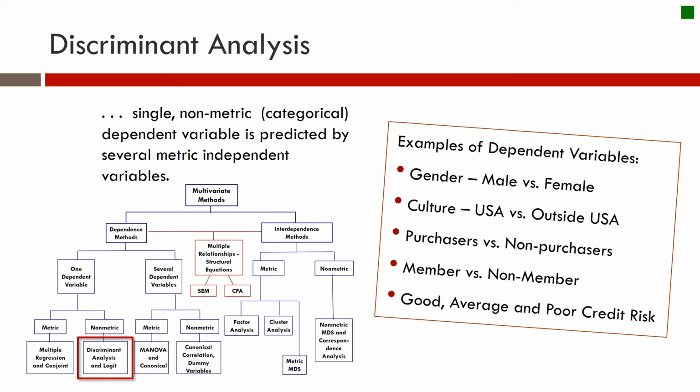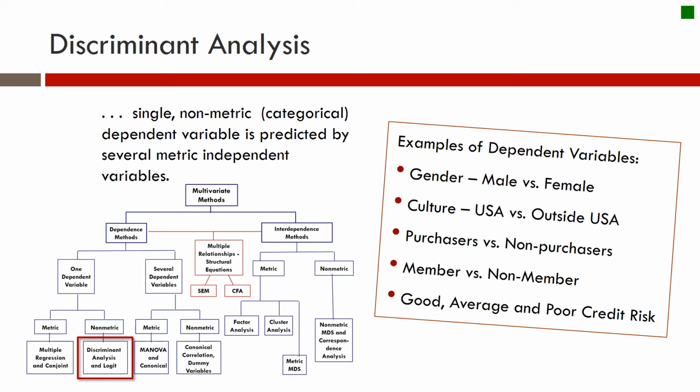We may have some prediction we want to make, but we think that different groups of subjects may relate to that predicted variable in different ways. So we have two groups that can be differentiated, for some reason, based on the dependent variable that we're trying to analyze.